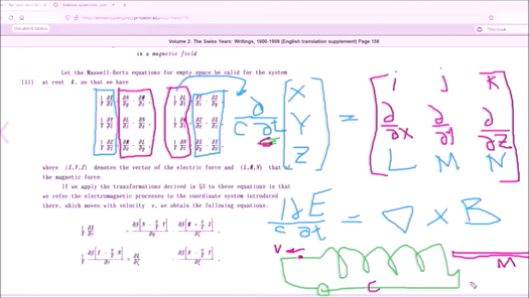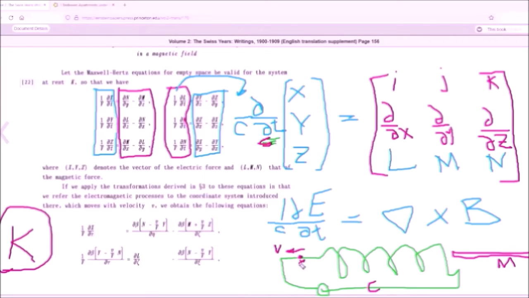So in the rest frame, we call it K. That is the frame where the magnetic and the electric fields are being used. That is our frame. The frame that is on the electron, we call it small k.